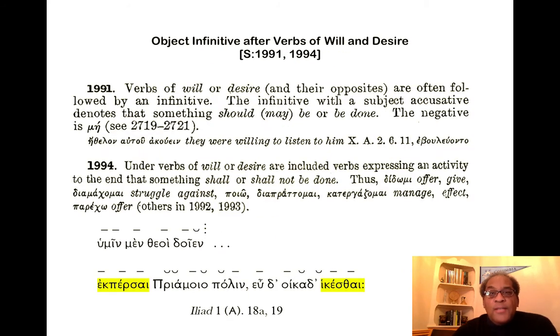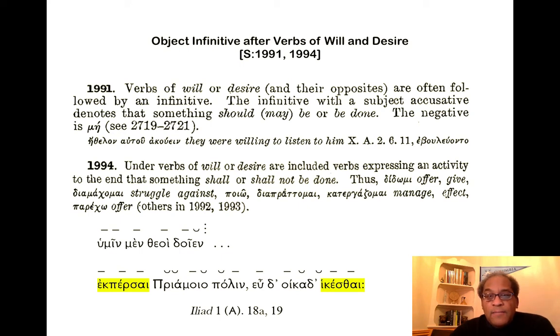Okay, so again, we have the object infinitive after verbs of will and desire. And so Smyth 1991: verbs of will or desire, and their opposites, are often followed by an infinitive. The infinitive with a subject accusative denotes that something should or may be or should or may be done.